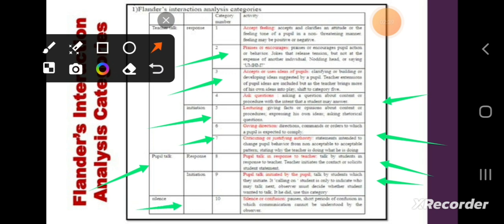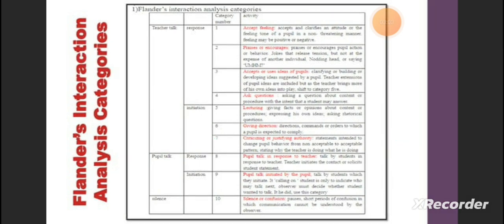Silence or confusion. Activity. Periods where there is silence or confusion, indicating a lack of understanding or communication breakdown. These categories help in systematically analyzing and understanding various aspects of classroom interactions, which can be valuable for improving teaching practices and student engagement.